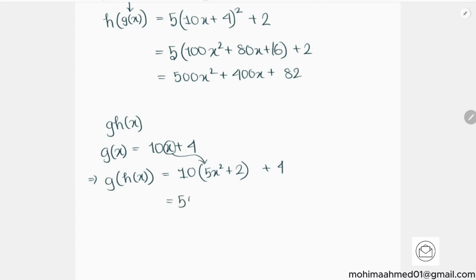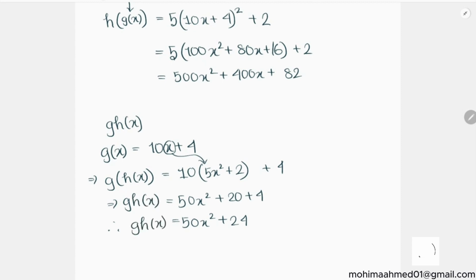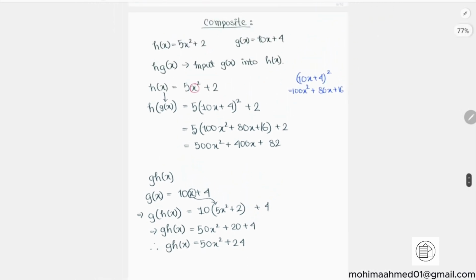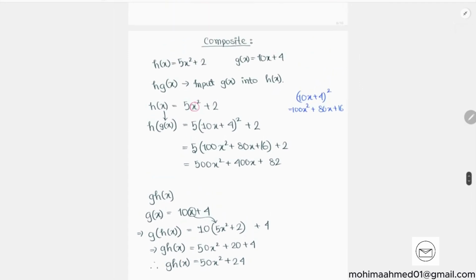Then multiply the values, that's 50x squared plus 20 plus 4, which is basically 50x squared plus 24. It's not needed to write two brackets in the later sections. You can just write ghx over here. So this is how you're supposed to do composite functions.